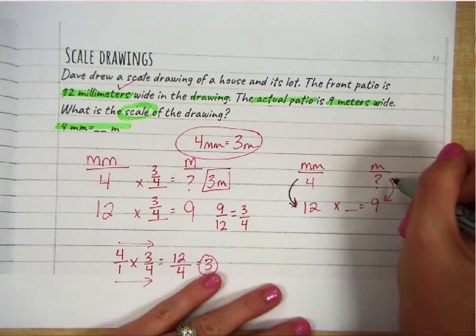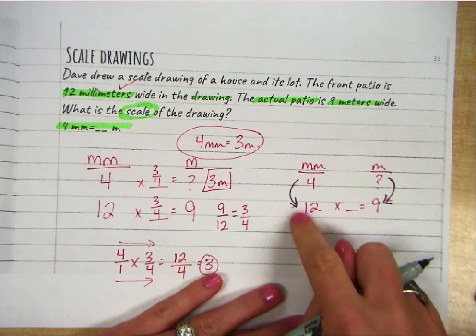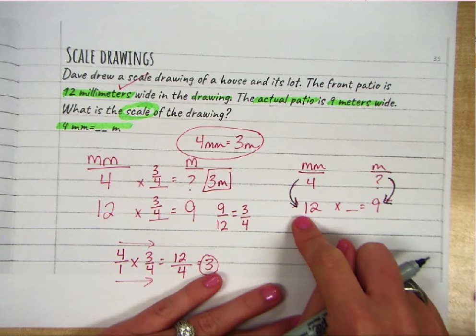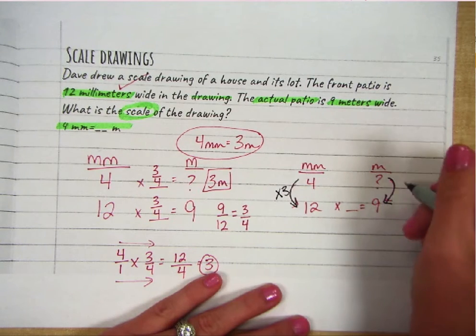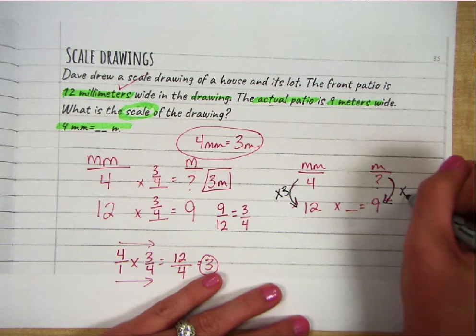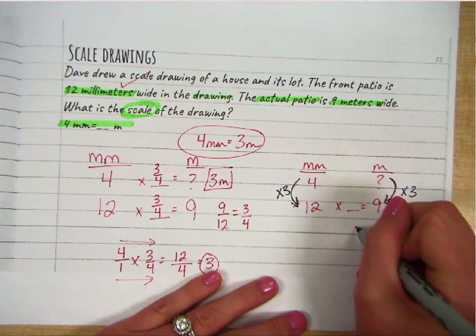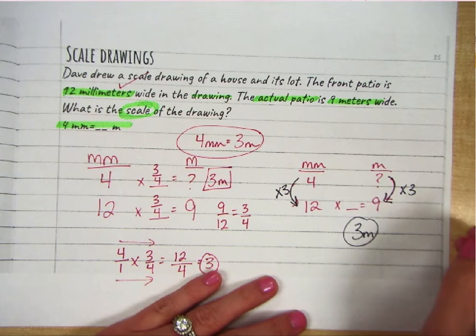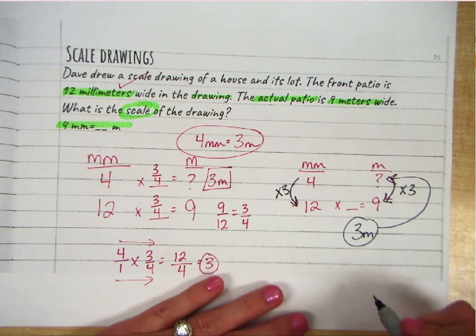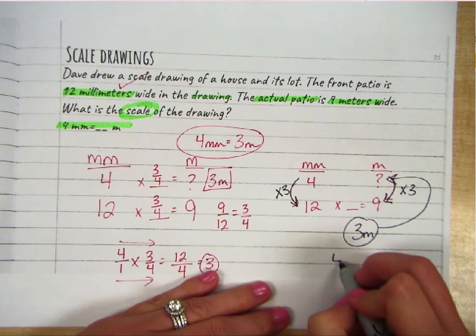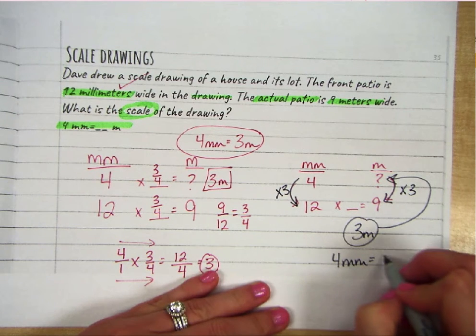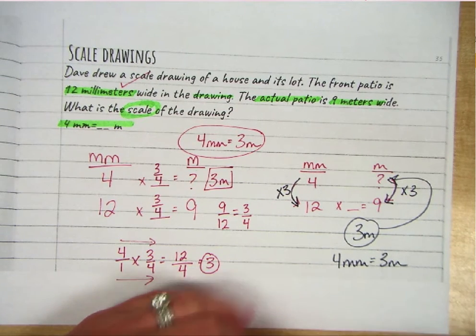Let me use a different color for you. So 4 times what number gives me 12? 4 times 3. Some number times 3 is 9. I know that 3 times 3 is 9, so I would get 3 meters as my answer for that scale. So then I would get 4 millimeters equals 3 meters.